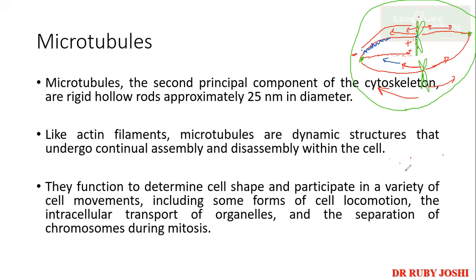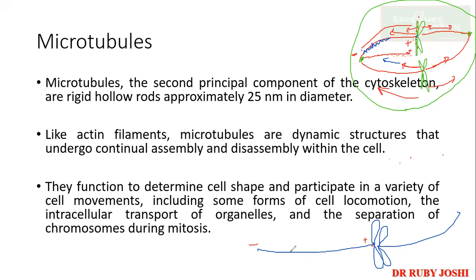See, let us look at it like this. This is your microtubule, attached to your chromosome like this, and the other one is here. Now you are saying this is the minus end and this is the plus end, so this attachment is over here.